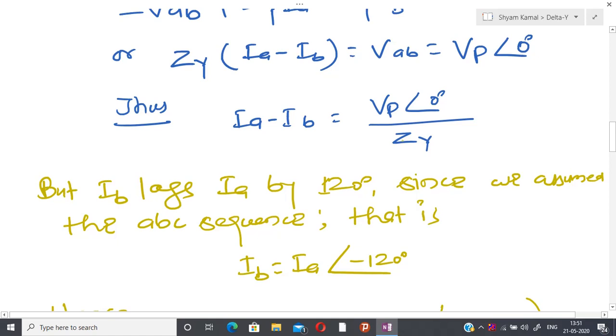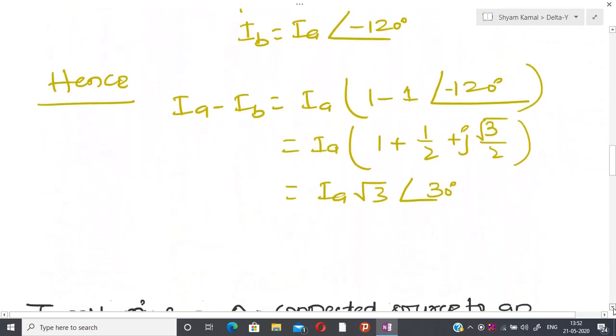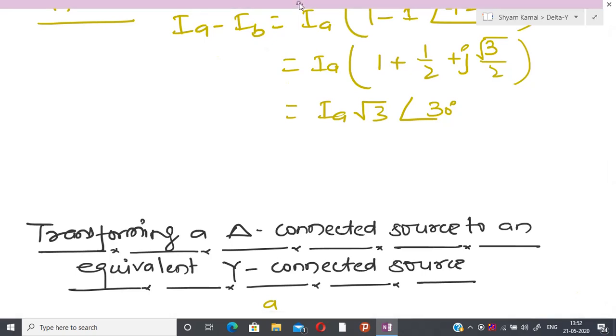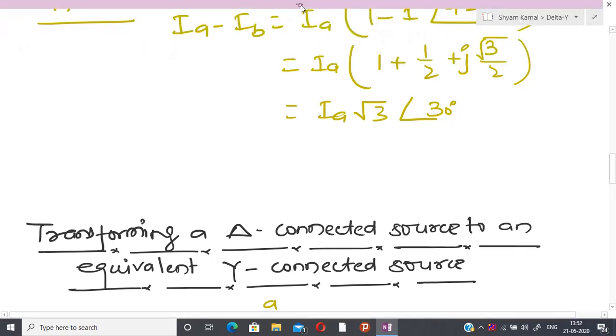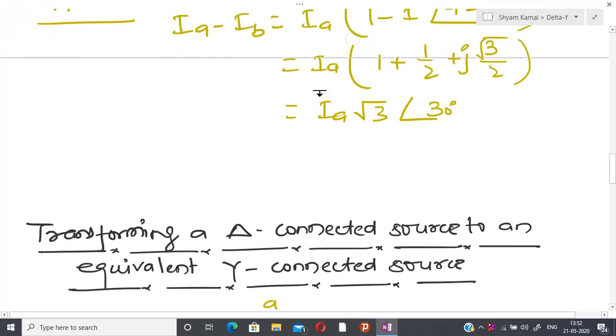So from here it is possible to write the following thing. By substitution I can write. First I will write, and after that we will understand why I have written this kind of expression.